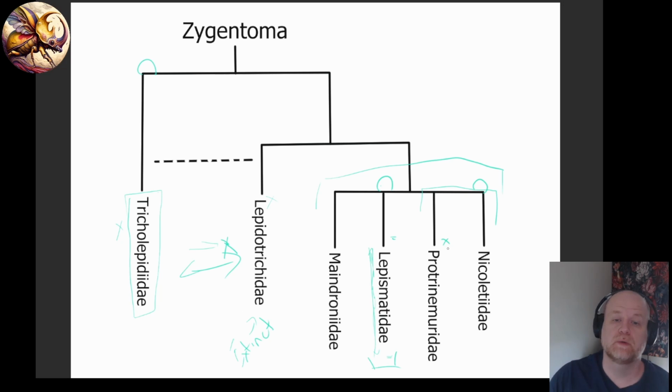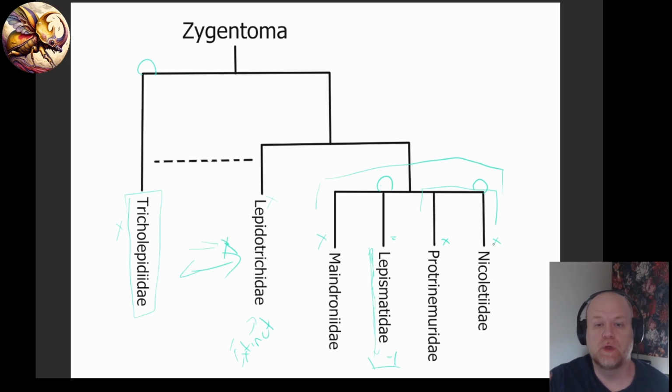The Protrinemorids are mostly found on various islands and jungle environments around the Pacific Rim, and there's only a handful of species. And then the Maindroniids are only found in extreme desert environments, like the Atacama. And the Nicoletiids, if you are looking for them, you're mostly going to be looking for them in cave systems.